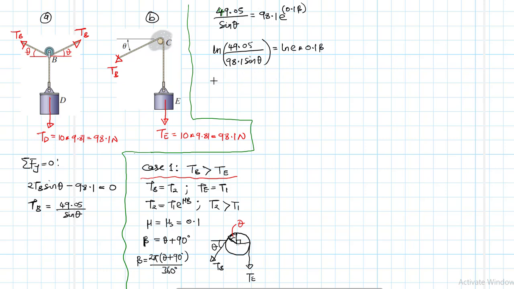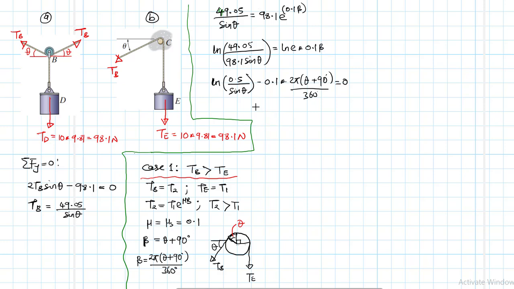Okay, and if we were to simplify this further, this just becomes ln 0.5 divided by sine theta minus 0.1 by beta. Beta you said is 2 pi theta plus 90. So let's bring back beta there. So this becomes 0.1 times 2 pi theta plus 90 divided by 360 equal to 0.